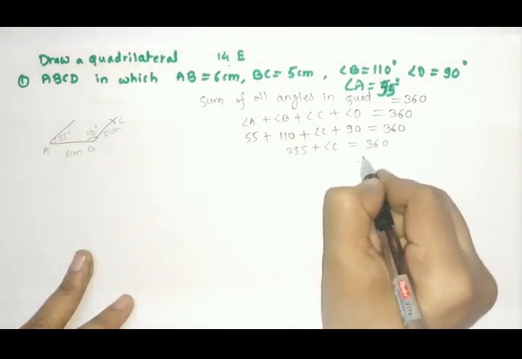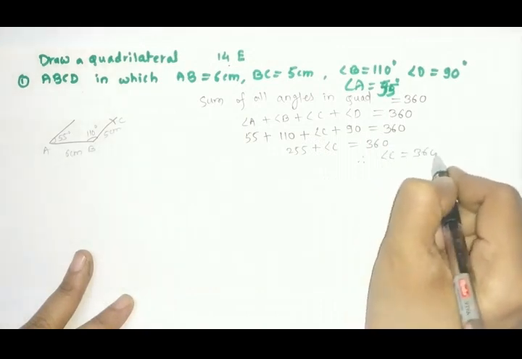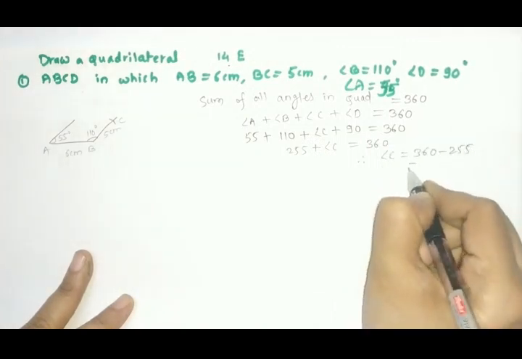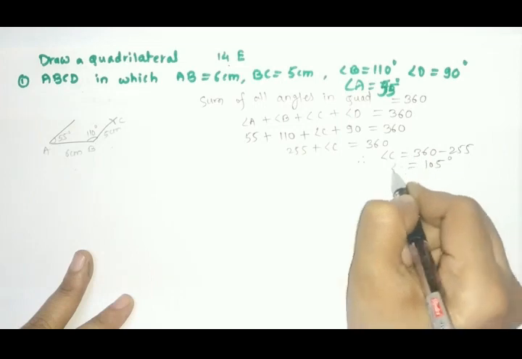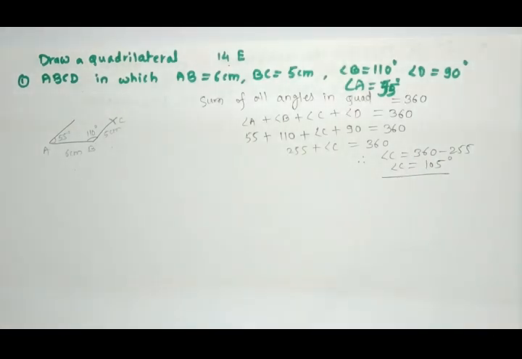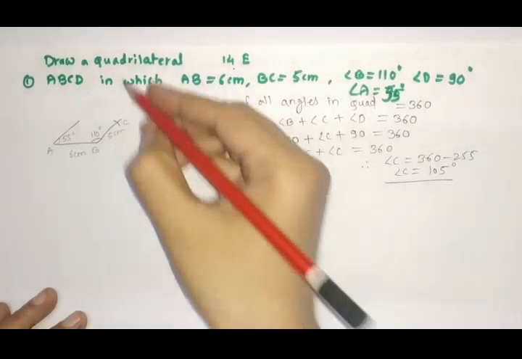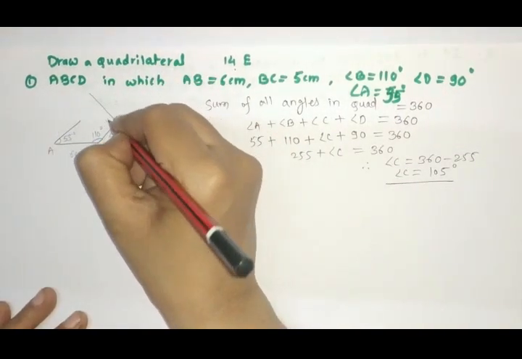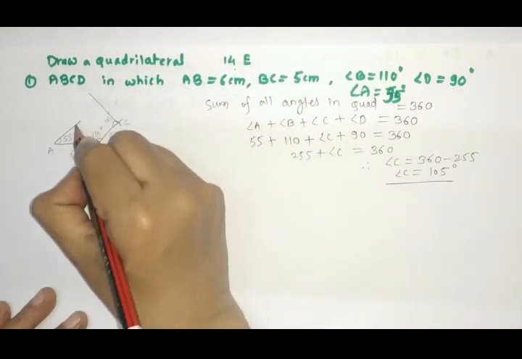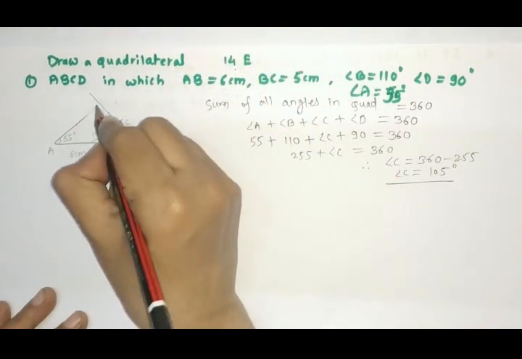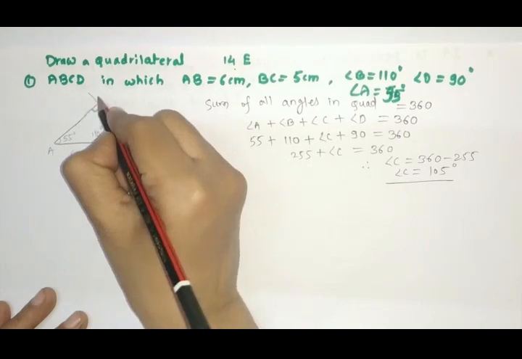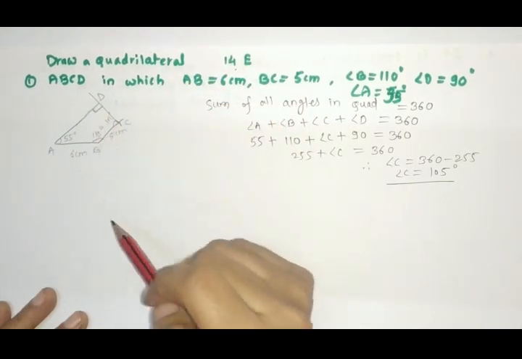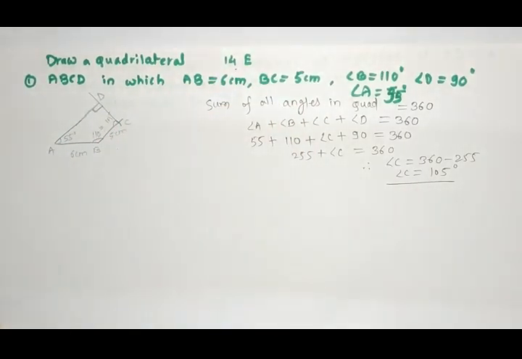So therefore angle C will be 360 minus 255. So we are going to get 105 degree. This extra step we have performed here. So friend, somewhere at the C point we need to draw this 105 degree. Then the point which we get here, it is going to be 90 degree, and it is D, that angle D.